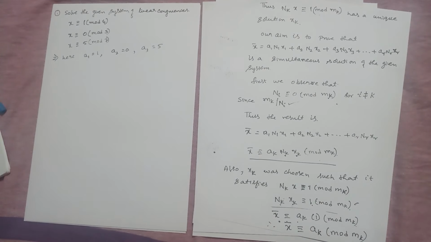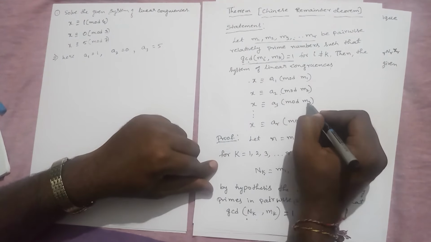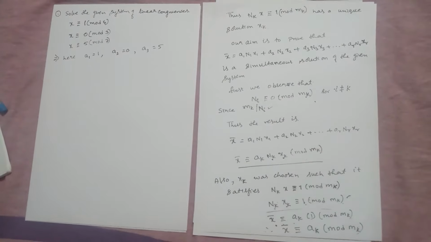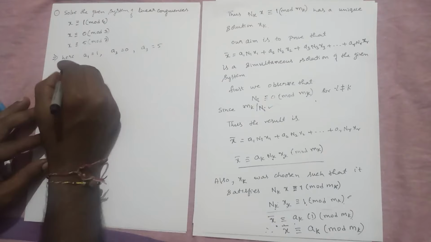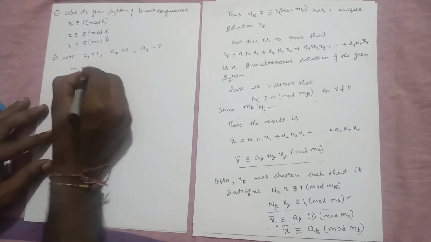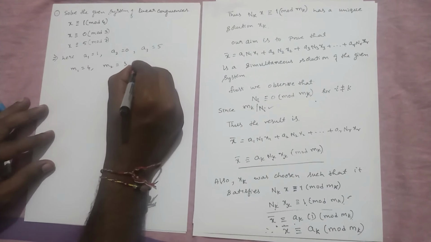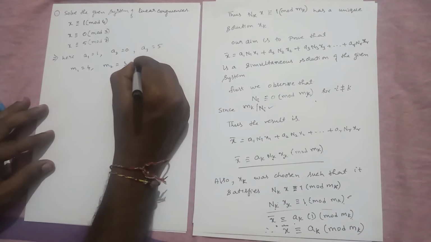Using a1, a2, a3, these are the m values: m1, m2, m3. So those values I'm writing here. What do you get? m1 value is 4, m2 value is 3, and m3 value is 7.